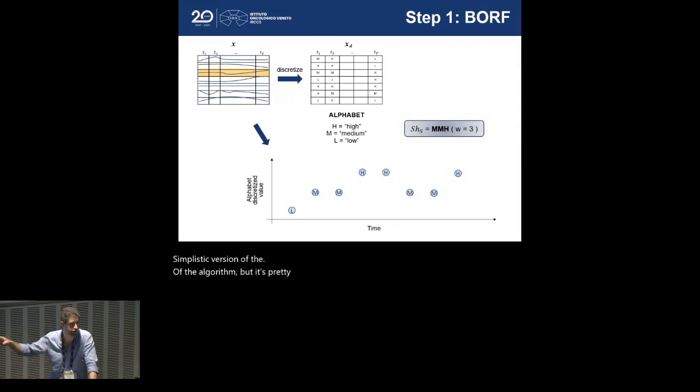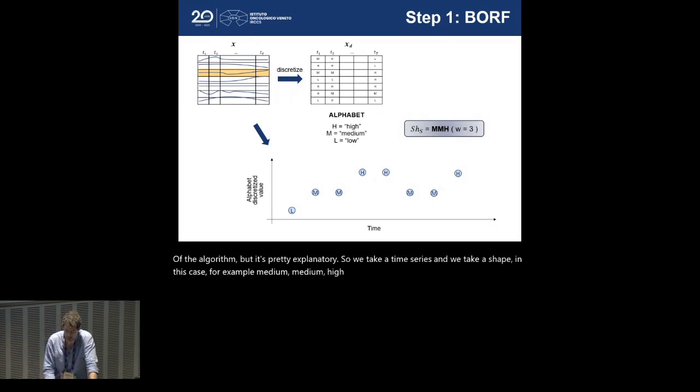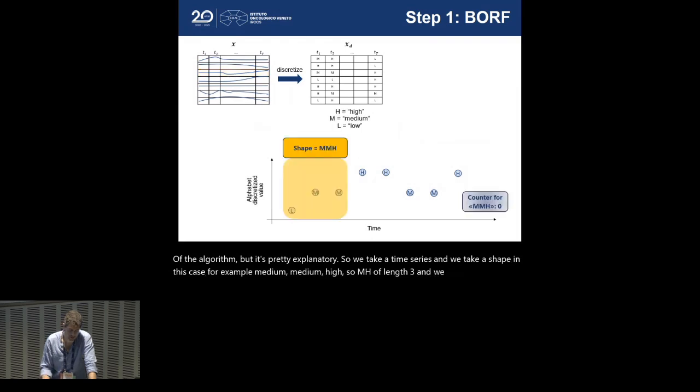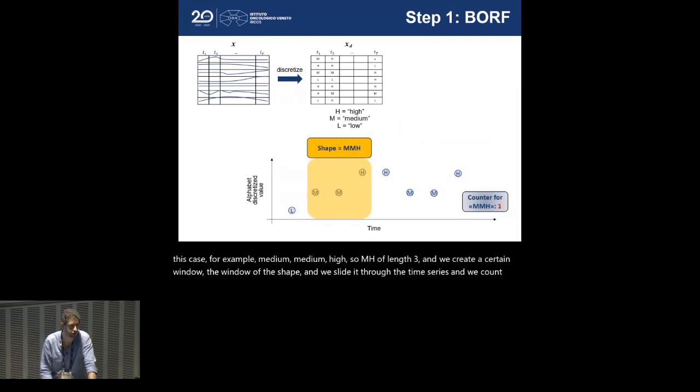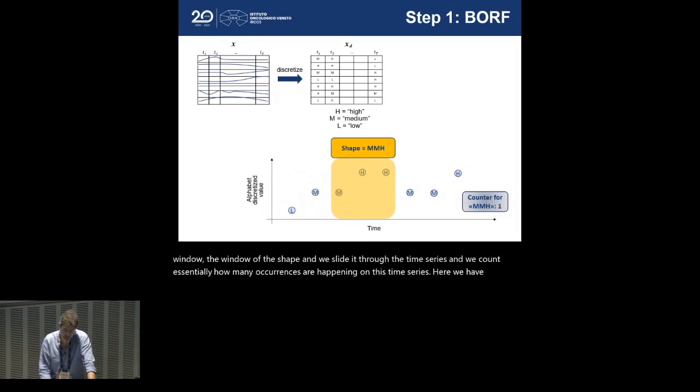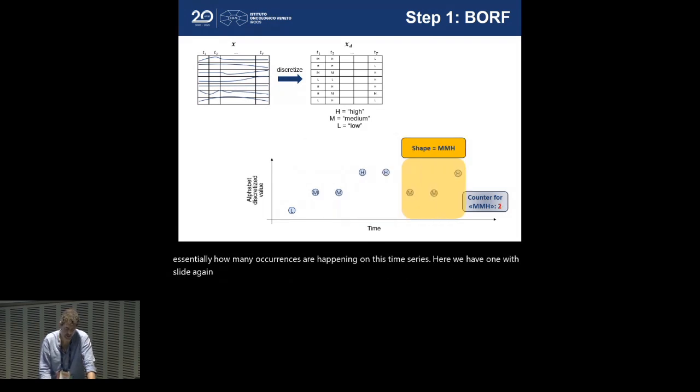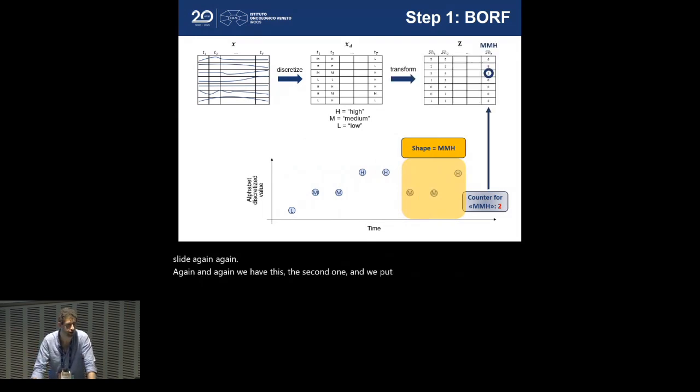So we take a time series and we take a shape, in this case, for example, medium, medium, high, so MMH of length 3, and we create a certain window, the window of the shape, and we slide it through the time series. And we count essentially how many occurrences are happening on this time series. Here we have 1, we slide it again, again, again, and again. We have the second one, and we put the number in the transformed version.